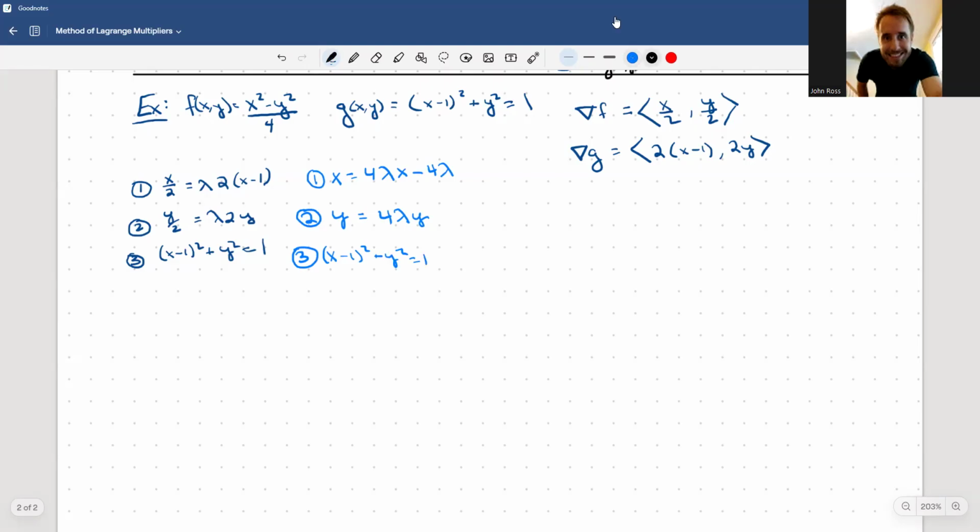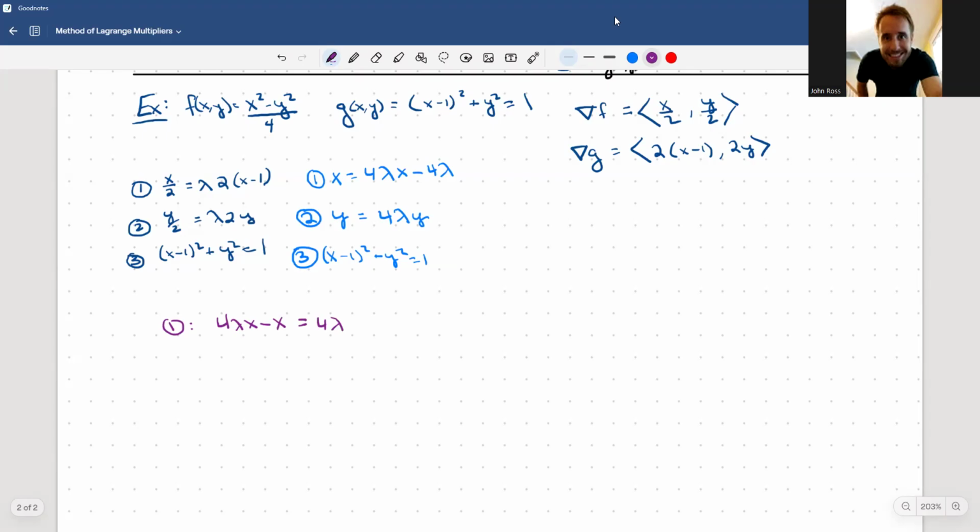All right, in short, I'm going to try to solve this by tackling one equation at a time. I'm going to start with equation 1. So rewriting equation 1, if I want x to equal 4 lambda x minus 4 lambda, let me move all of the x's to one side of the equation. So I'm going to get 4 lambda x minus x, and then let me just move this 4 lambda off to the other side.